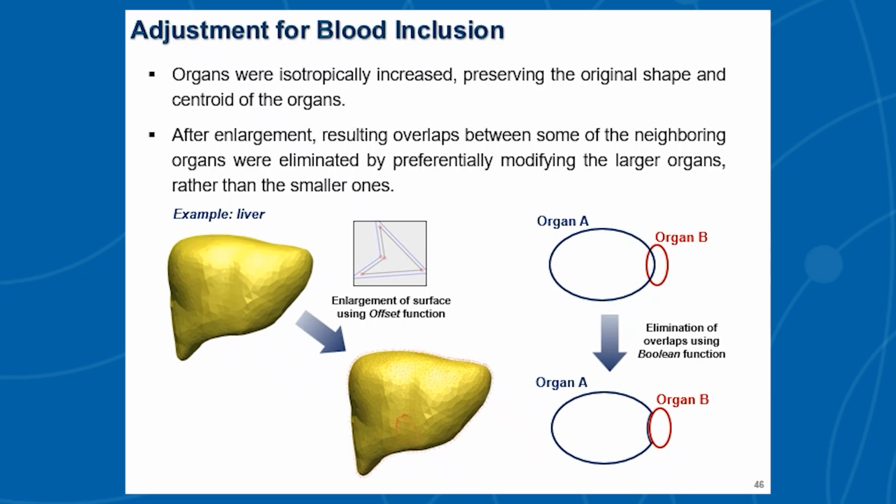To preserve the original organ shapes as much as possible, we used an offset function to uniformly expand the organ surface outward. After applying the offset, some organs can overlap. In such cases, since smaller organs can be more affected by deformation, the larger organs were adjusted to remove the overlaps.